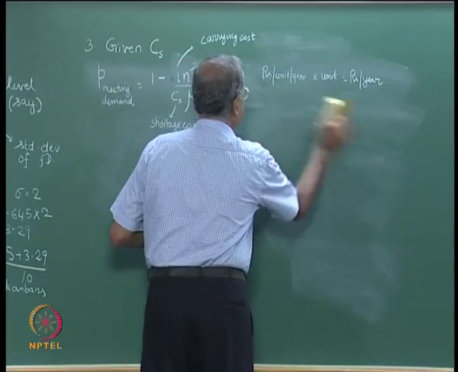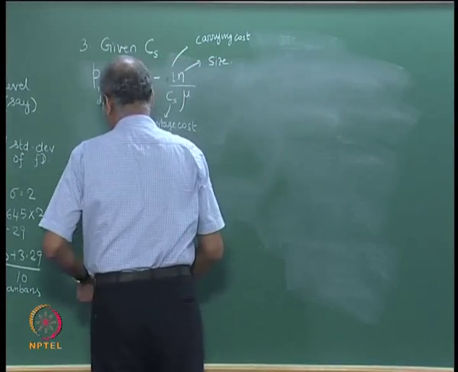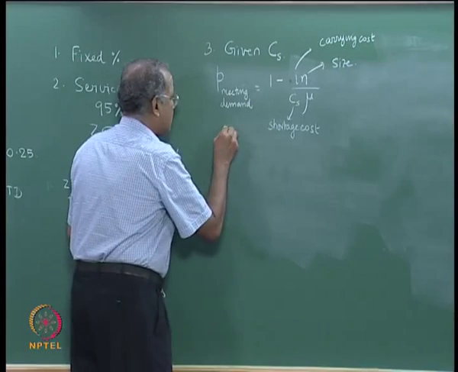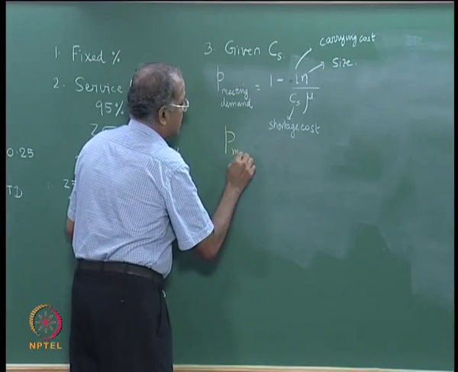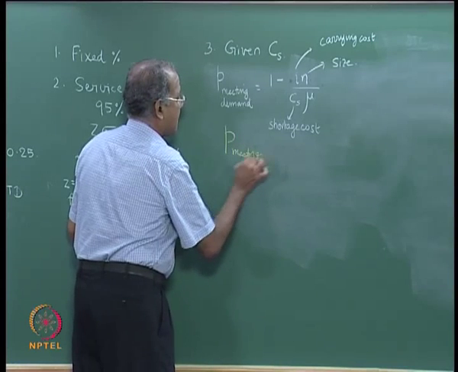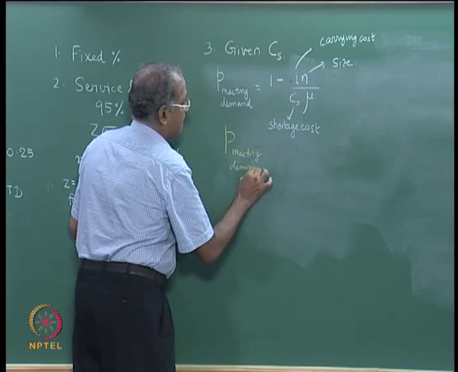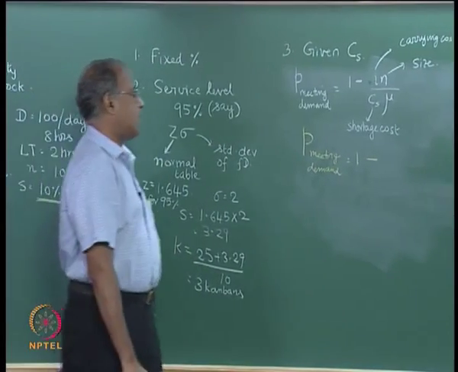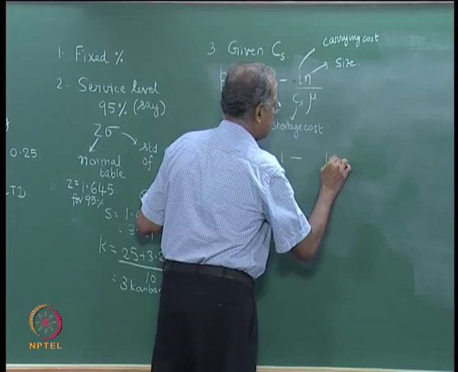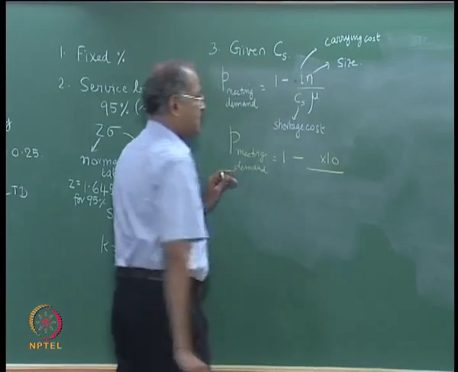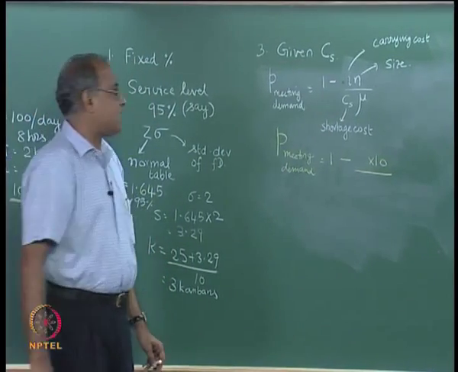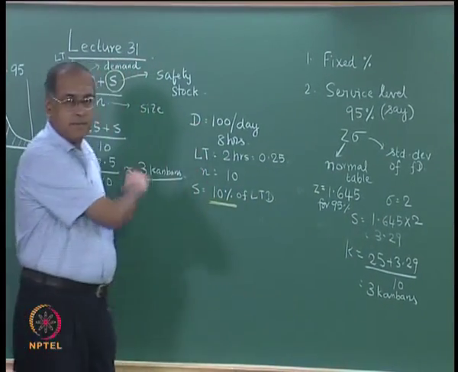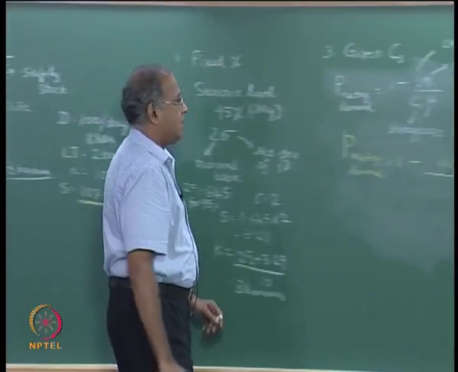So if we take this formula and substitute here for our example, the probability of meeting demand or no shortage will be 1 minus nI by Cs mu. We assume a Kanban size of 10, and that our daily demand is 100 per day, so mu will be 100 per day.